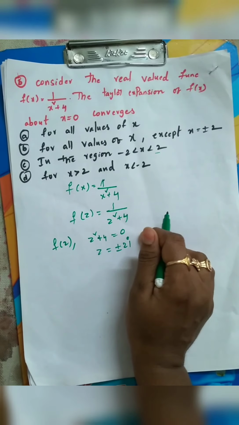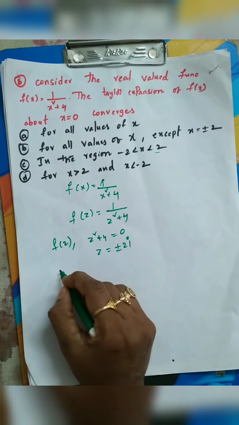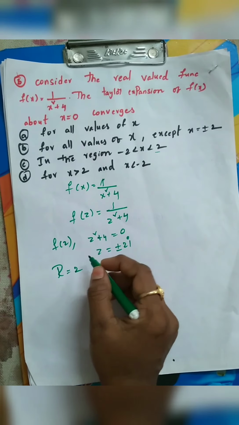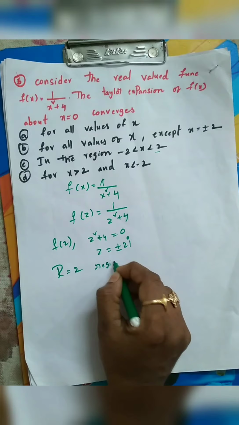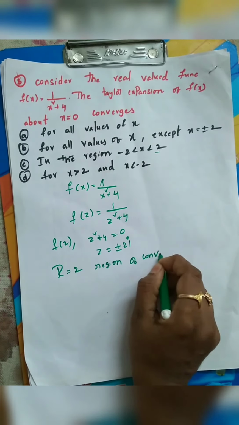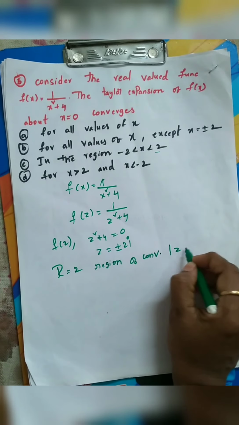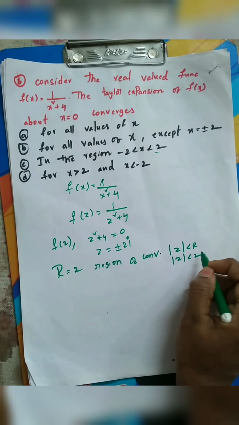The radius of convergence of Taylor's expansion of f of z about z is equal to 0 is r is equal to 2. And the corresponding region of convergence for r is equal to 2 is mod z less than r, that is mod z less than 2.